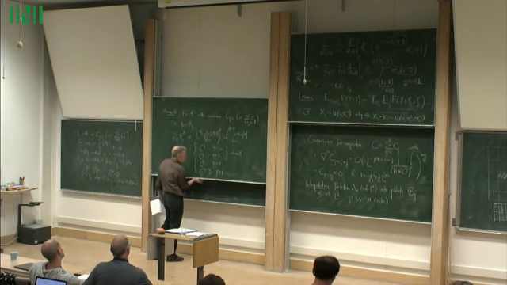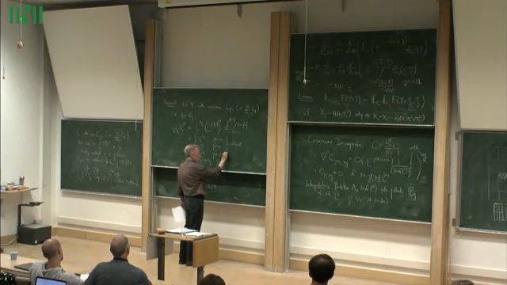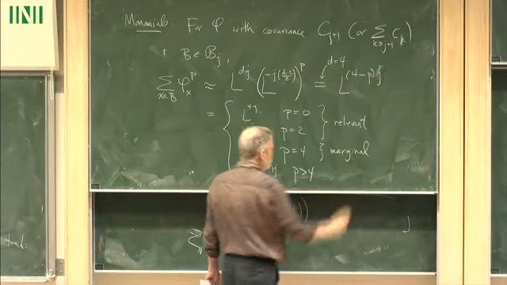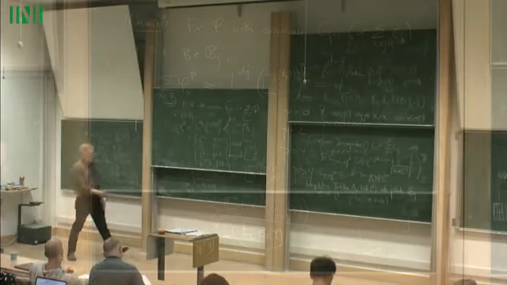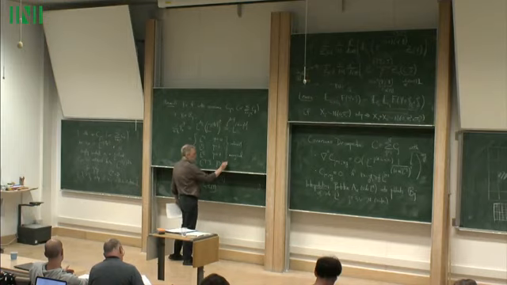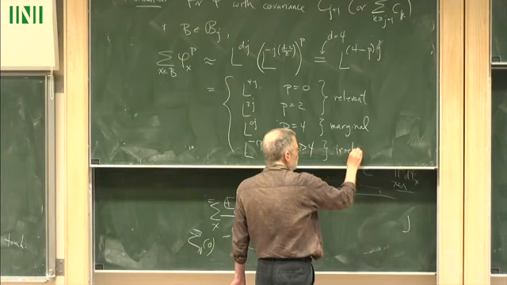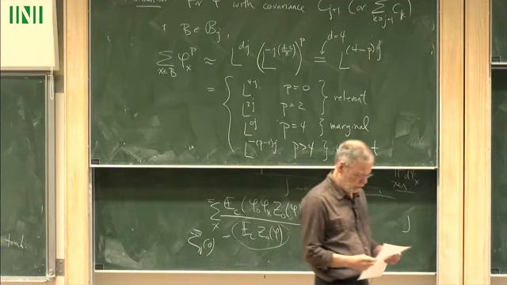So it's p equals 2 that's very important. This one neither grows nor shrinks, so this is called marginal. And this, for p greater than 4, is exponentially decreasing in the scale and corresponds to irrelevant monomials.